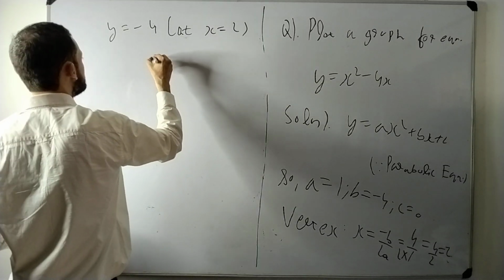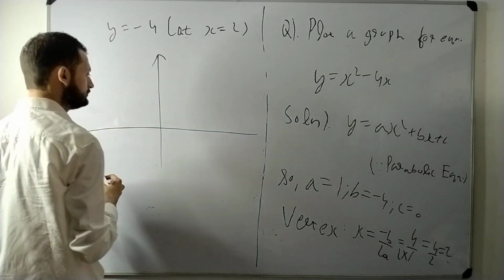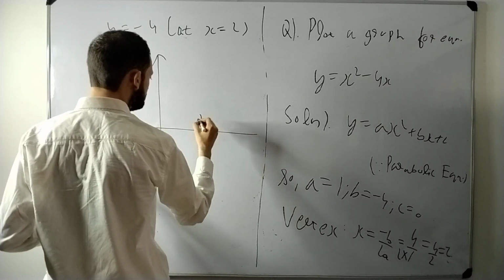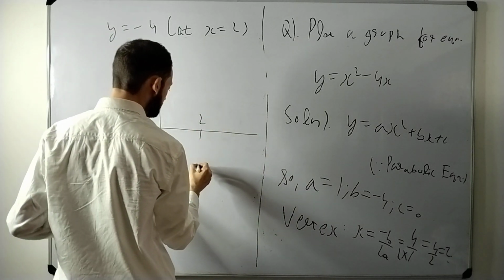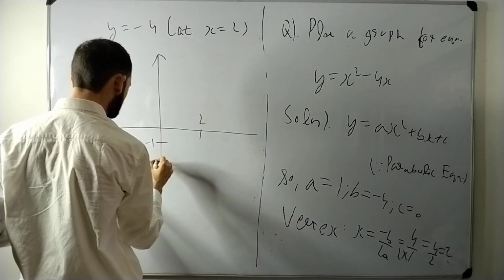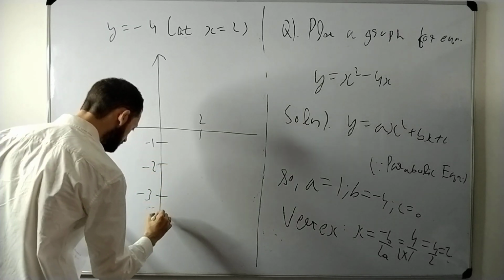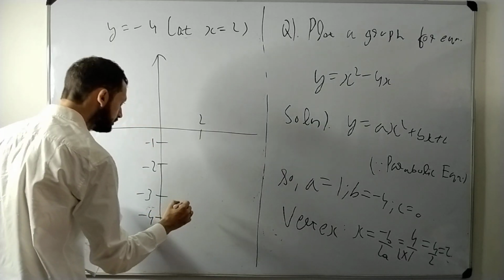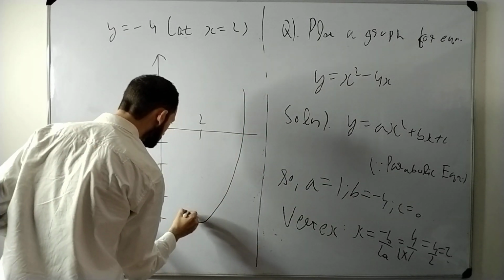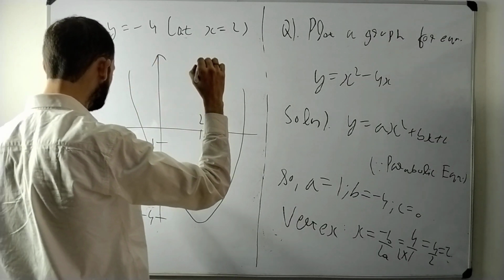Then what is the graph of this, students? So x happens to be 2, the vertex, the turning point, and y is minus 4. So minus 1, minus 2, minus 3, minus 4, yes, and the vertex happens to be this.